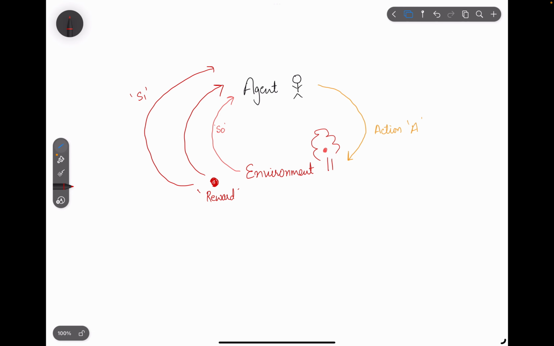What is the state S1? It is the current state. That current state might be that there was just one fruit on the tree and now there is no fruit at all on the tree. The fruit tree is empty. That would be the new state, the current state S1. So S0 becomes the previous state.